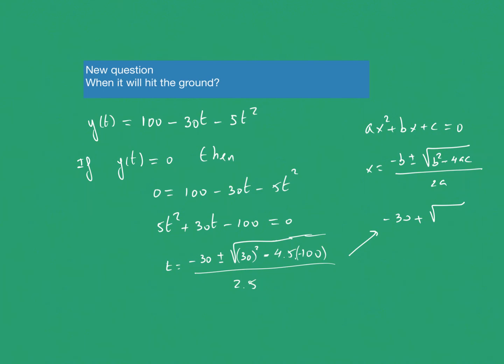How will you solve it? x equals minus b plus or minus the square root of b squared minus 4ac, divided by 2a. I leave you to find at what time it will hit the ground by solving this equation.